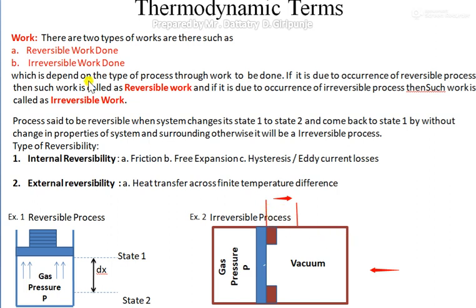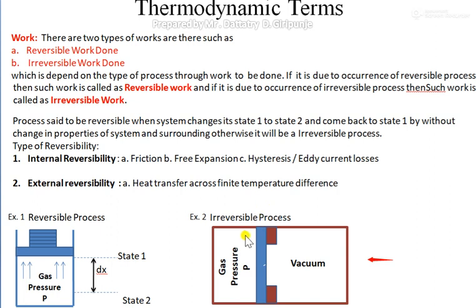During that time the surroundings will start to lose work, and that work will be W, which is lost by the surroundings. The system borrows work from the surroundings to push that piston, so the surroundings lose work and it is added to the system.